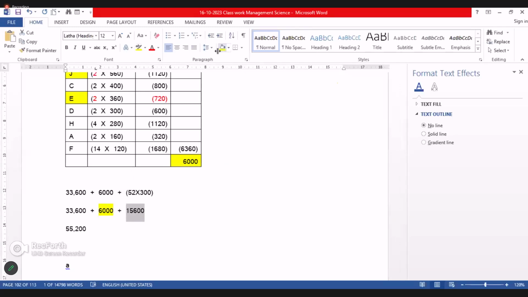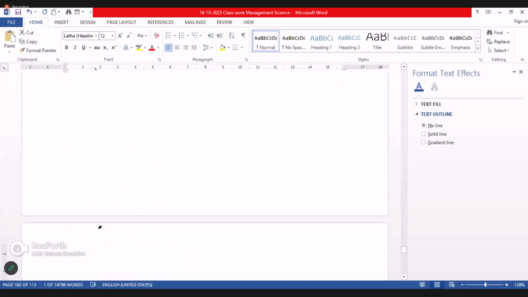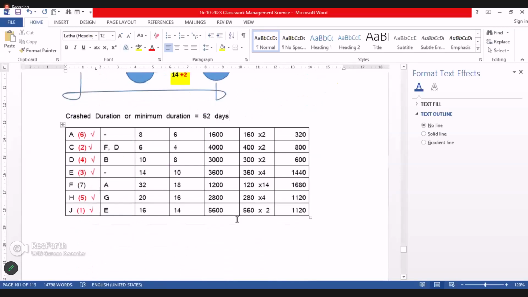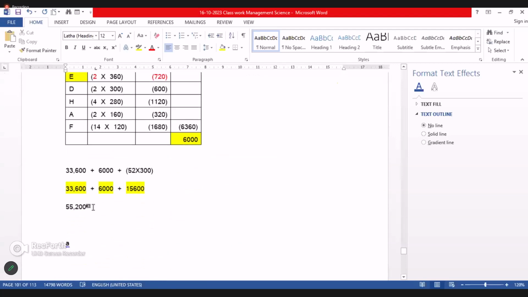Then the other one is 33,600. So altogether, the minimum duration is 52 days, right? And the associated cost is how much? 55,200 rupees.